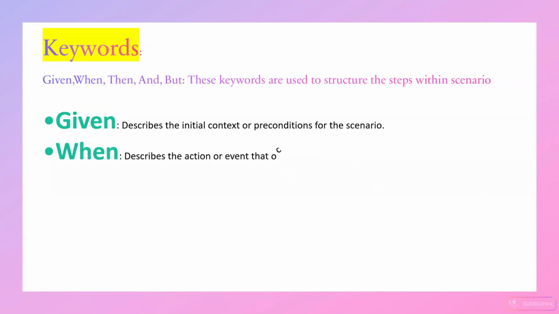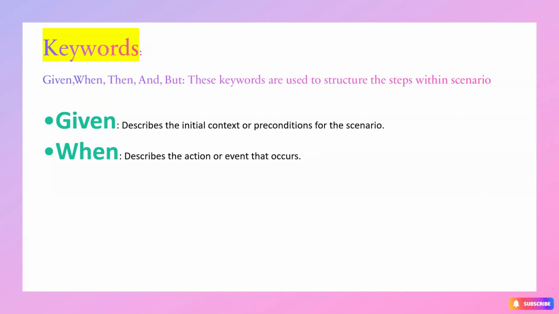And the second one, when. What is meant by when? When describes the action or event that occurs in the application. Let's say you want to test a login functionality. Before that, you want to click on the login link. So clicking on the login link is one action.